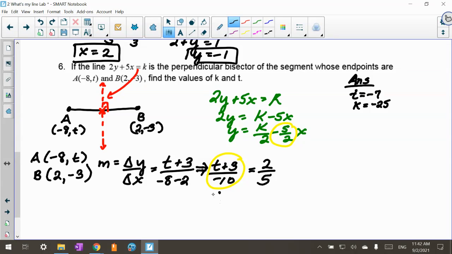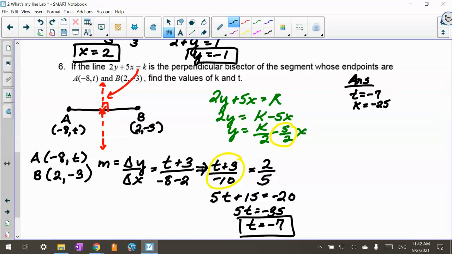So I have 5t plus 15 equals negative 20. All right, so then I'm going to subtract 15. So I have 5t equals negative 35. And then t has to equal negative 7. So I found t. I found t, guys.